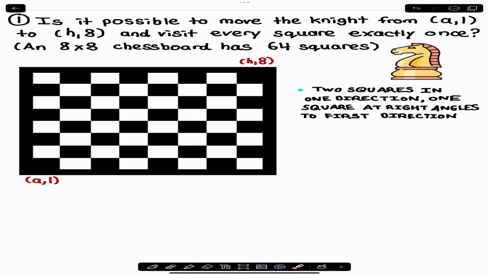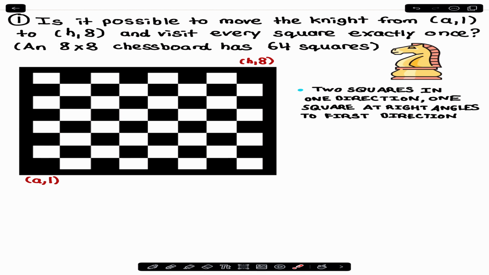And if you're a little confused on how the knight moves, I've written it here. This is how the knight moves. We first go 2 squares in one direction, and then 1 square at right angles to the first direction. So if we started, let's say here, we're going to go 2 squares, 1, 2, turn and go up at this right angle. So that could be a move. We could also go 2 squares here, turn at a right angle, and end up on this square.